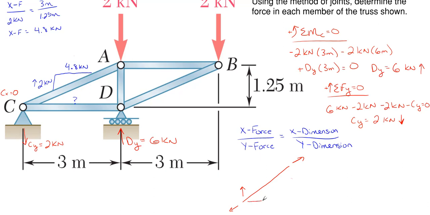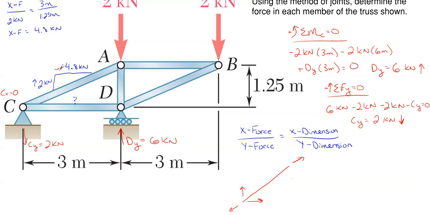So that means that I have to be going to the right for my reaction, or my horizontal force inside that diagonal relative to joint C. The angle or the slope of the diagonal has to be acting between your two component forces in the X and Y. So since this is going upward, this one has to be going to the right.